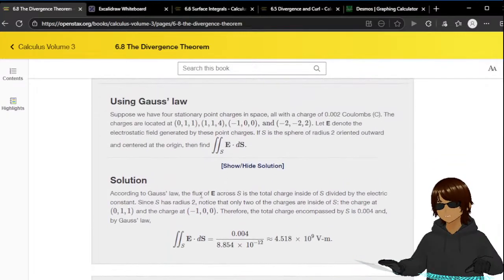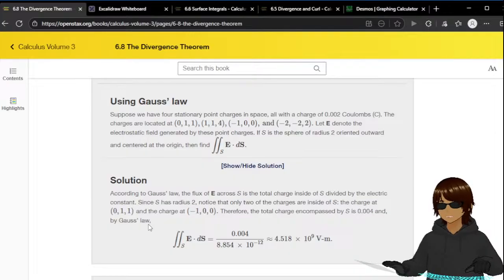According to Gauss's law, the flux of E across S is the total charge inside of S divided by the electric constant. Since S has radius 2, notice that only two of the charges are inside of S, the charge at (0, 1, 1) and the charge at (-1, 0, 0). Therefore, the total charge encompassed by S is 0.004.